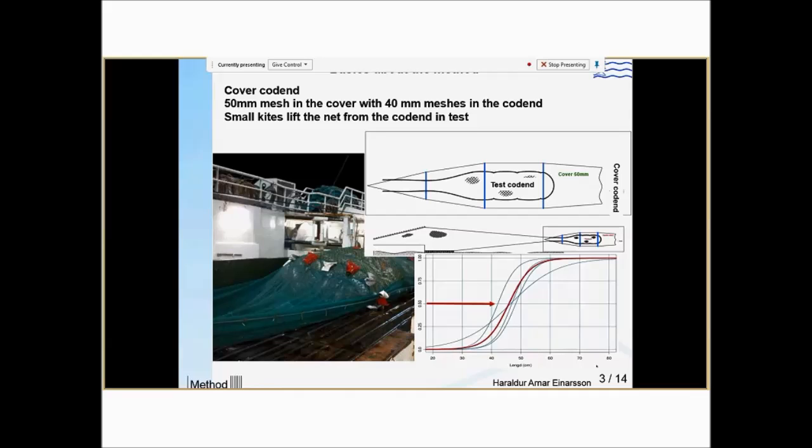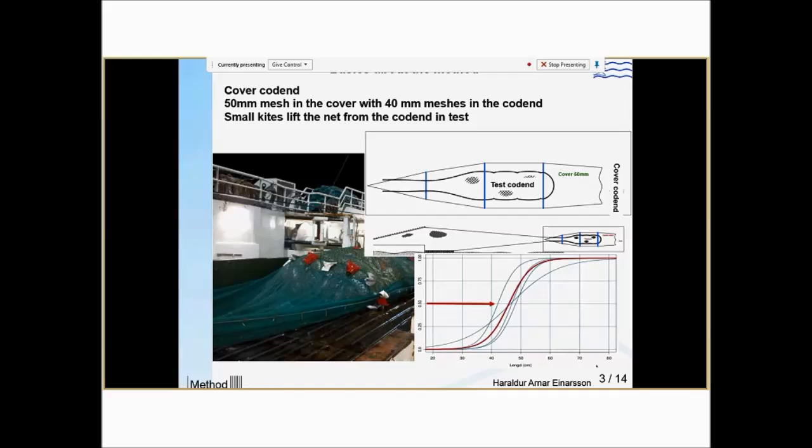So we can measure all the fish in the codend and those that were escaping. After we have measured them, we can make lines, like you can see here, one line for every haul we make. And we then take them together for every setup into one average line as a selectivity line for that method.